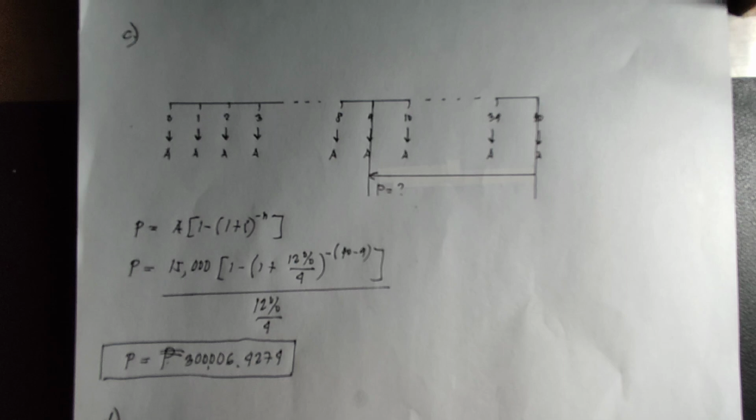We will get the present amount equal to 300,006.4274 pesos. So that is the amount that he must pay in addition to the regular payment then due.